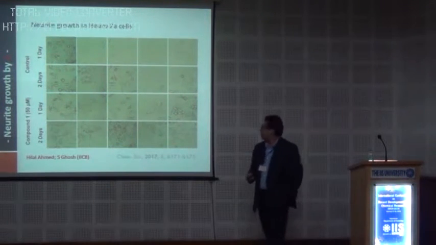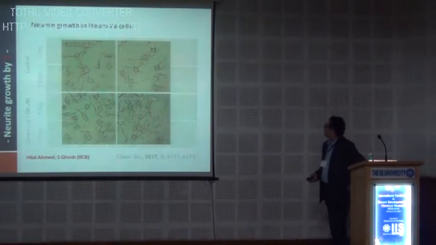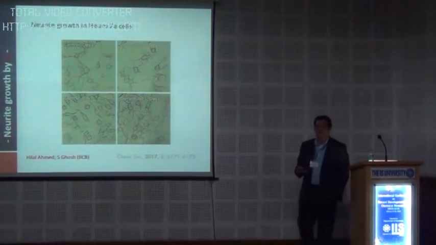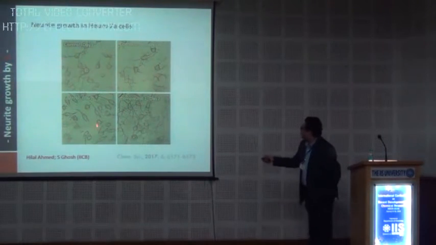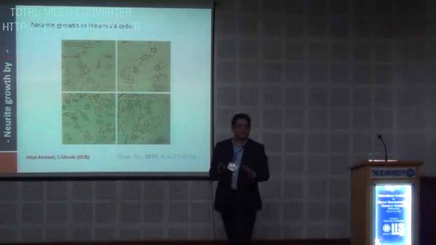If you zoom out a bit, you would find that these hair-like projections are quite prominent at the end of day 2 when compound 1 was added, and when you have a mere control where only salt solution was added to neurons, you did not find growth of those fibers. So what it means is that your compound has done the job.